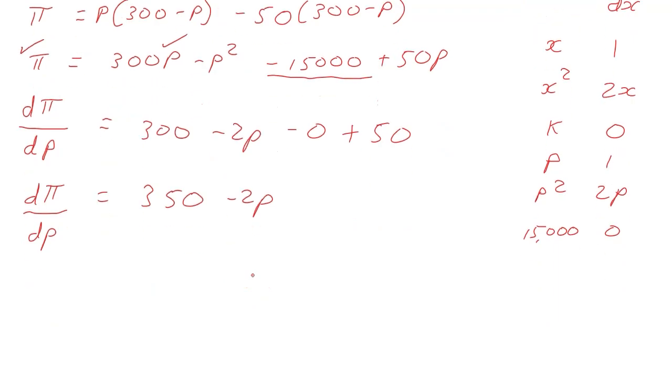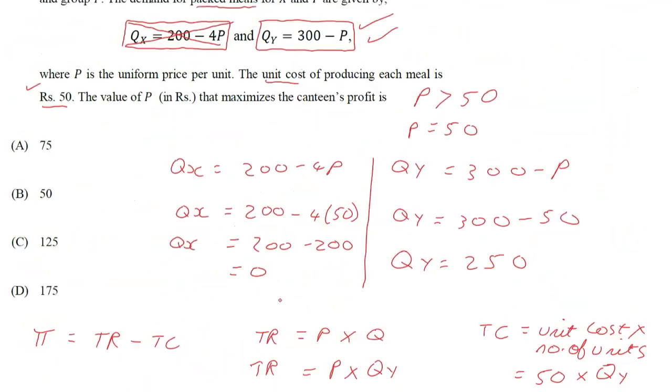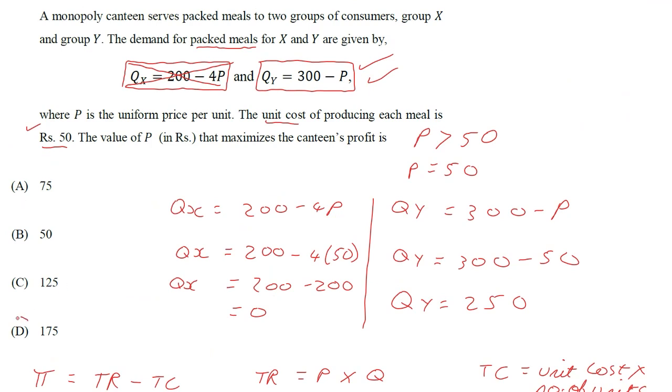Now because this is differentiation, I can write this as 350 minus 2p is equal to 0. 2p over here, subtraction goes, becomes addition. 350 is equal to 2p. I'm just going to write it the other way around. So 2p is equal to 350. Therefore, p is equal to 175. And we have our answer D as 175.